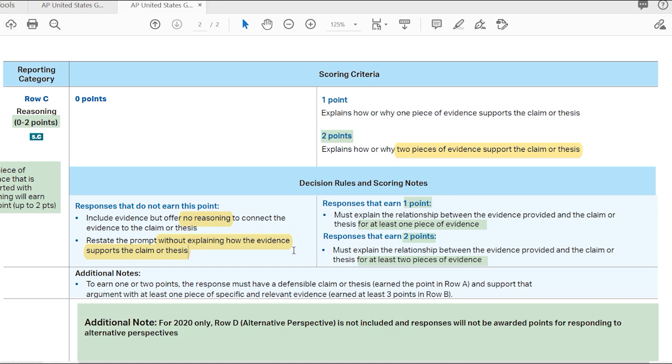You've got to be real careful because graders are going to be looking for answers that simply restate the prompt, and they're probably not going to be too excited about those types of responses. So we'll practice that as we get closer to the exam.